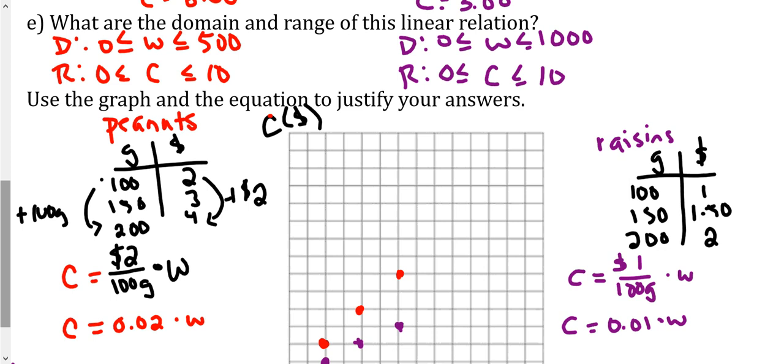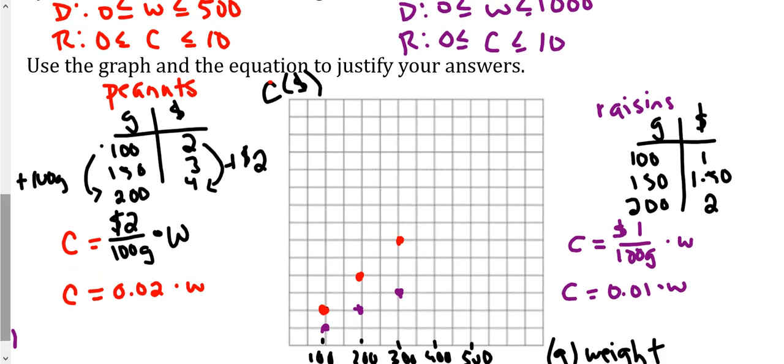So looking at our graph, I'm going to include a point for both of these at 0, 0 when I choose not to buy either. Right, $1, $2, $3, $4. Peanuts at 400 grams was $8. 500 grams was $10.